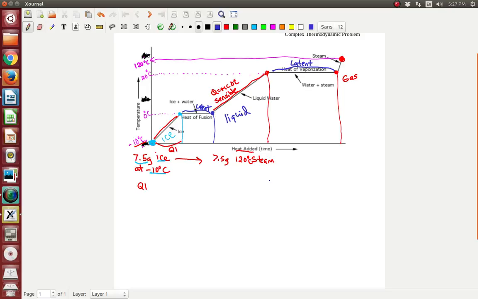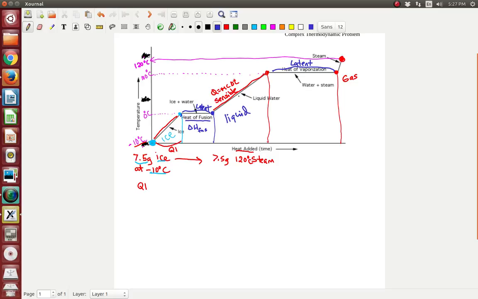You're adding more heat, but you're not increasing the temperature. And you'll notice right here, for this first section, the latent heat is where you use the heat of fusion, the delta H of fusion. You'll notice the temperature is 0 degrees here when we have solid water or ice, all the way over to here. We still have 0 degrees water now. The temperature did not change.